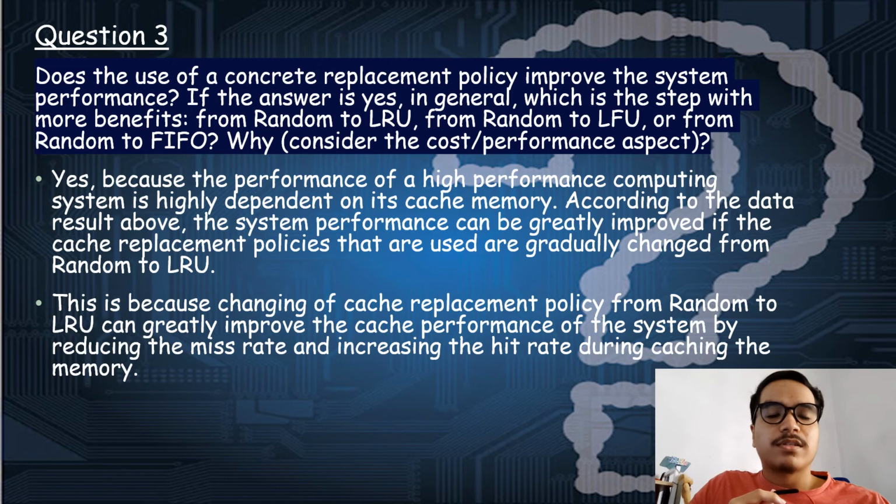This is because changing the cache replacement policy from random to LRU can greatly improve the cache performance of the system by reducing the miss rate and increasing the hit rate during caching the memory.